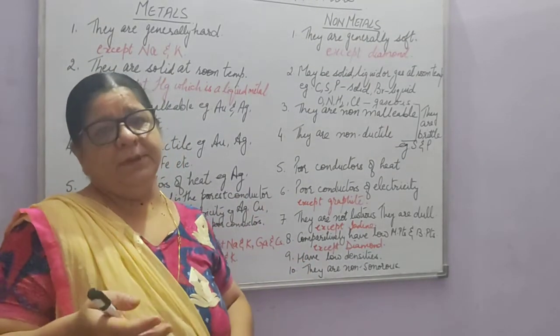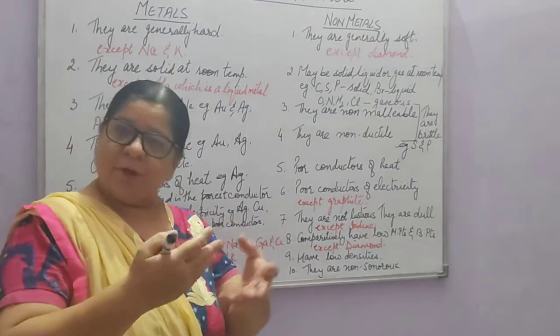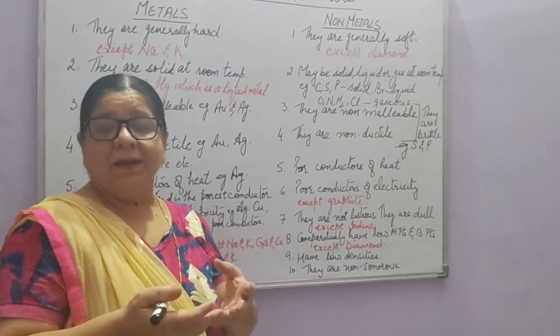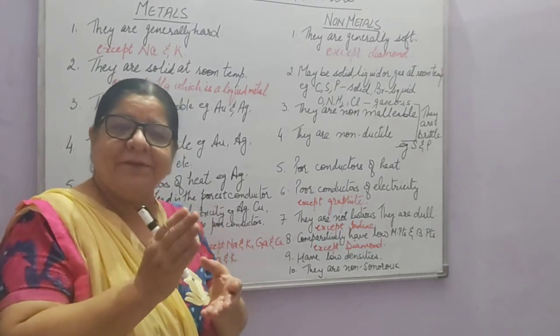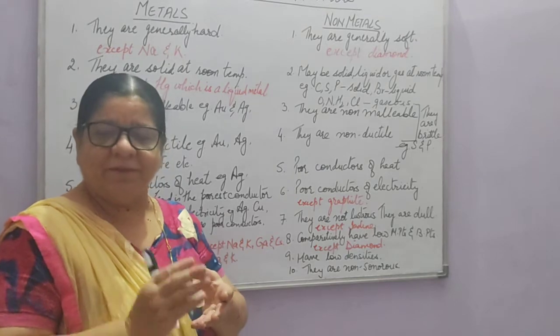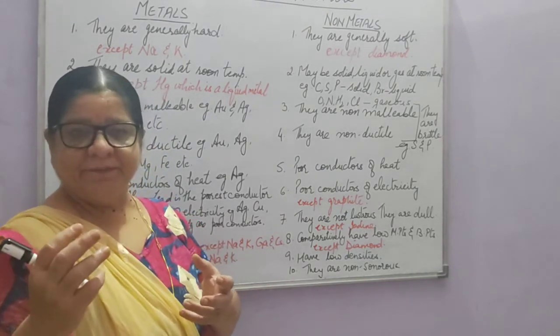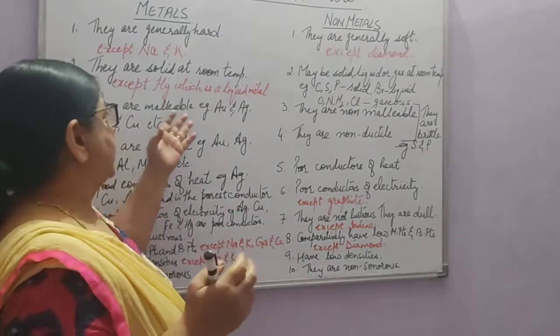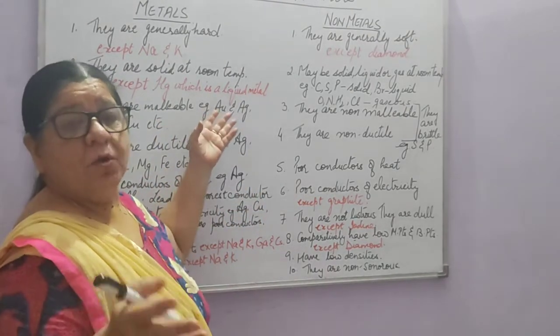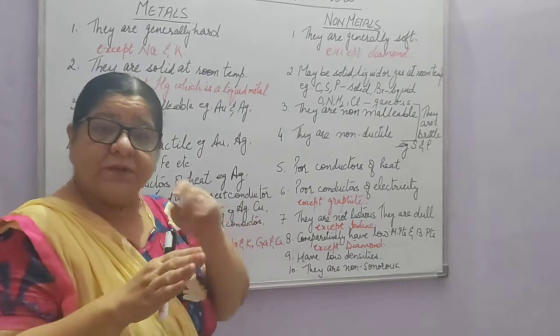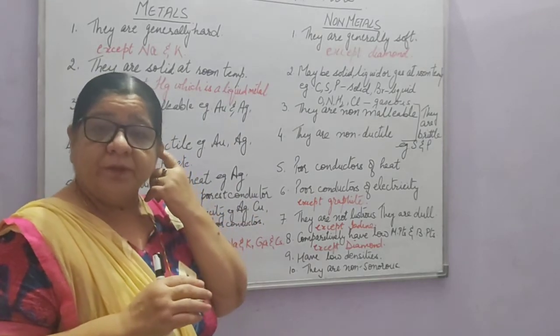You must have seen aluminium foil in which you wrap your food, right? So that can be beaten into very thin sheet, very thin foil can be made out of it. Copper sheets, right? So these are the silver and gold, because they can also be beaten up into sheets, right?